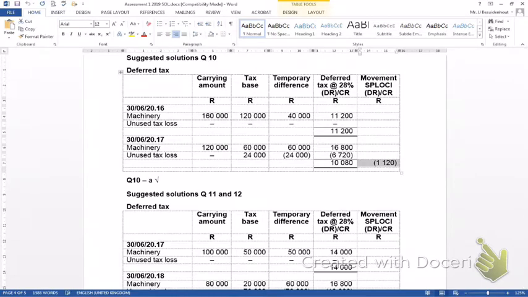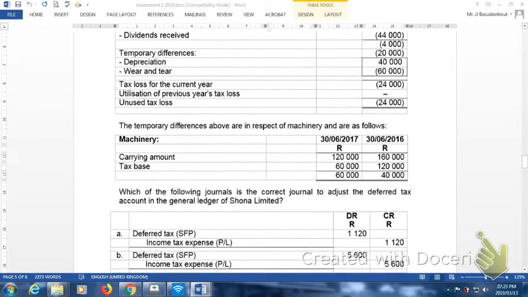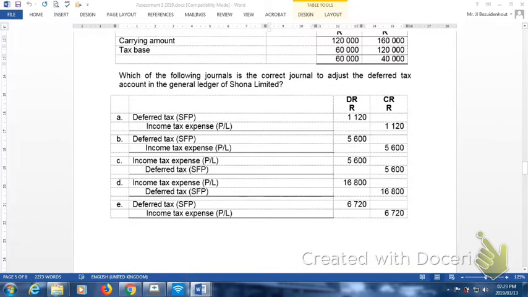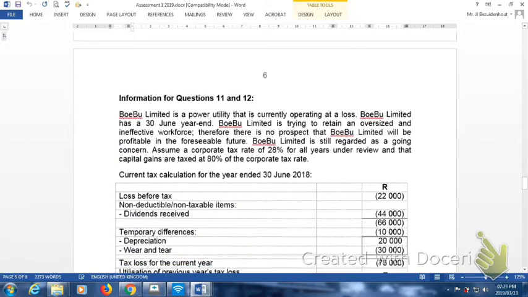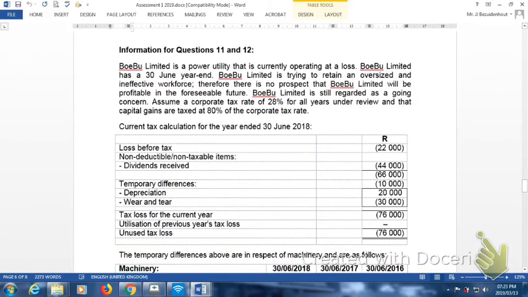So if we look at our question, the question stated, which of the following? If you did your calculations correctly, you didn't even have to wonder. It will be debit the deferred tax and credit the income tax expense account. And there's your answer.